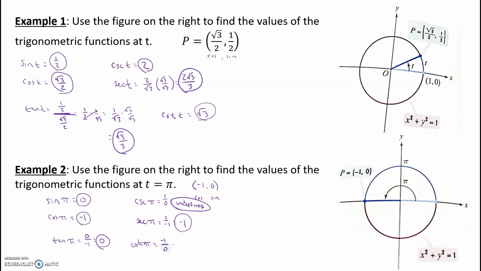We want to flip it, and that will be undefined. All right, so it's not too crazy finding the different things, especially if they give you the sine and the cosine. Just takes a little bit of reciprocals.